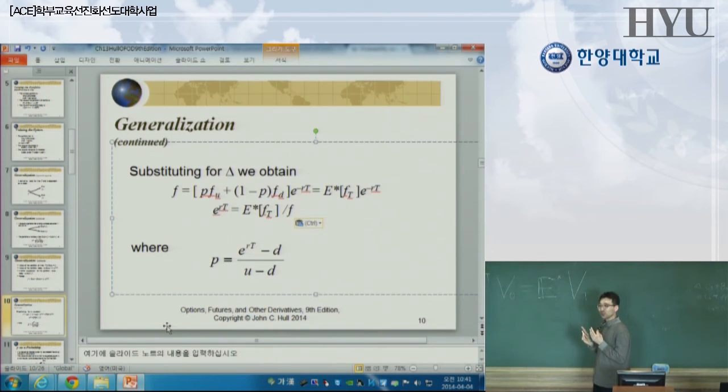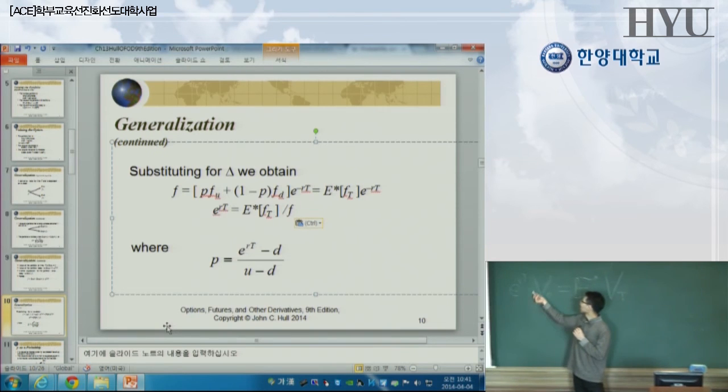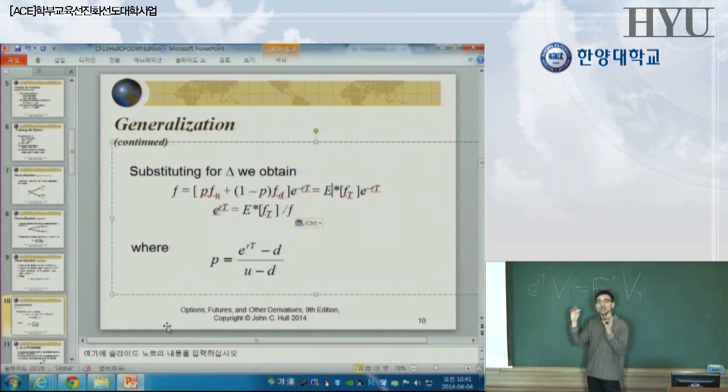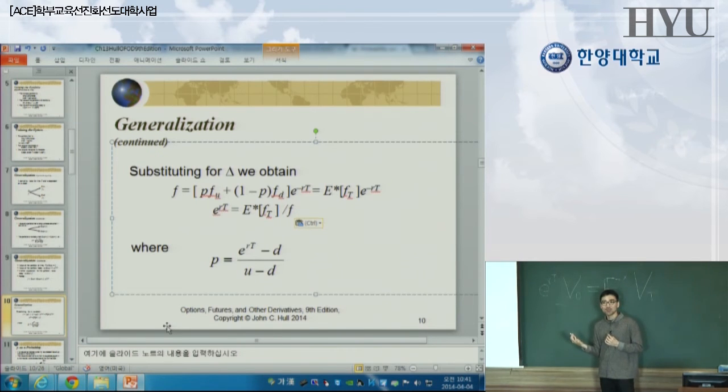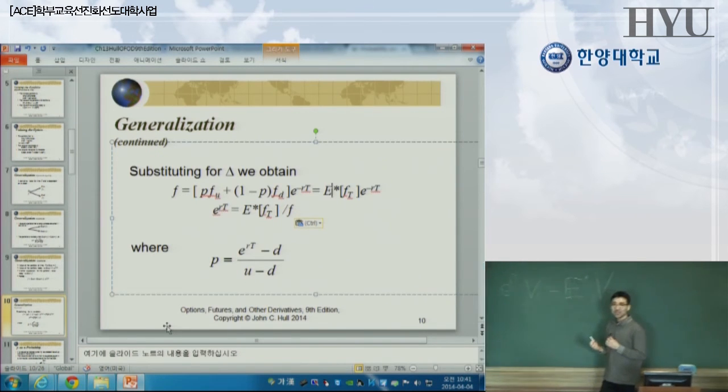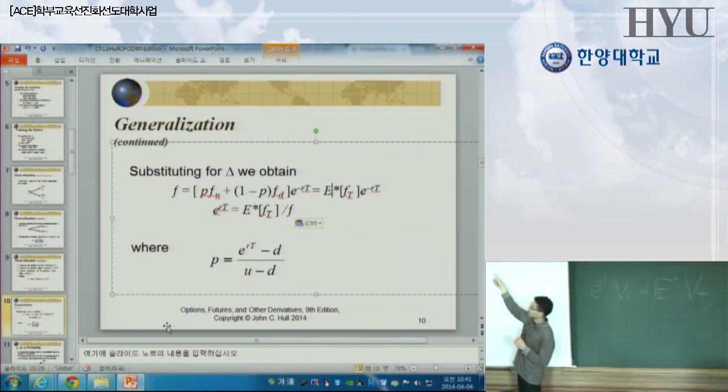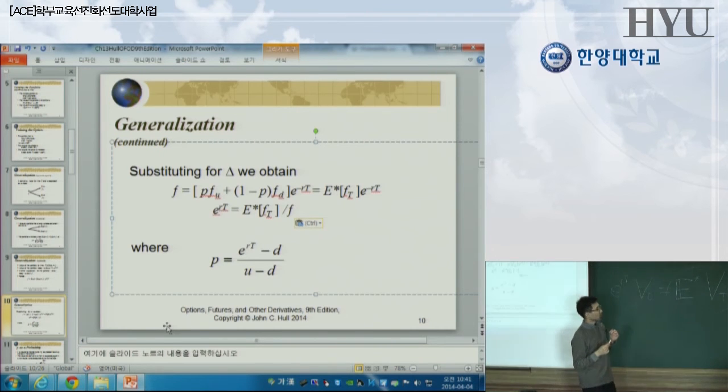Because we are in a risk-neutral world, take the value of the asset, V, as a general asset. We invest this money in the bank, and then the bank will give this amount T time later. Instead, if we invest in the asset, then at time T in the future, the expected value of this should be exactly the same. This is equal to this one, right? This relation should hold even for stock prices, right?